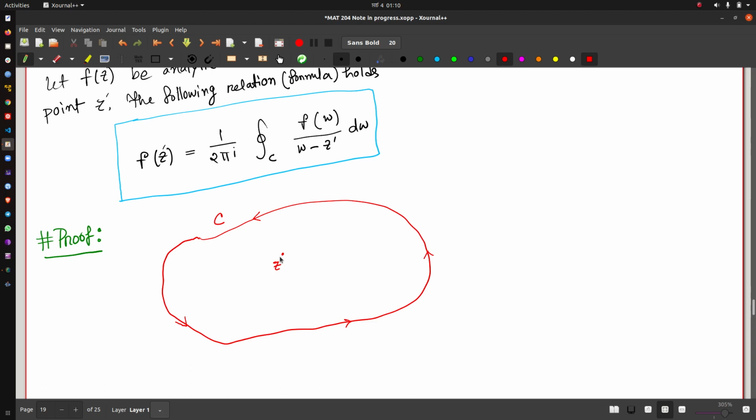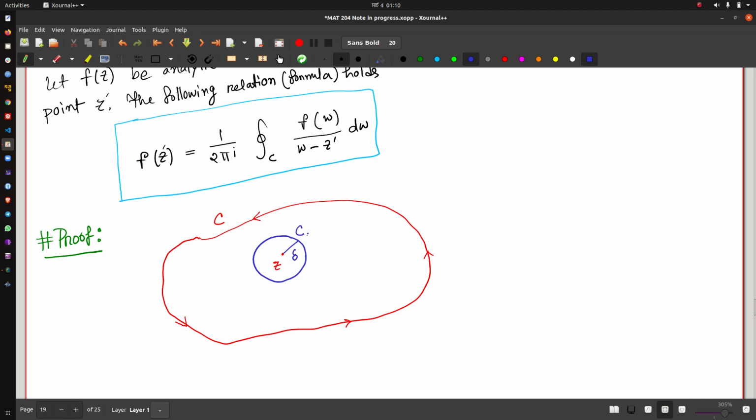Now, using Cauchy's theorem we have seen that it is possible to deform these contours. So we are going to deform this contour and make it a circle that is centered around z, which has a radius of delta, like this.